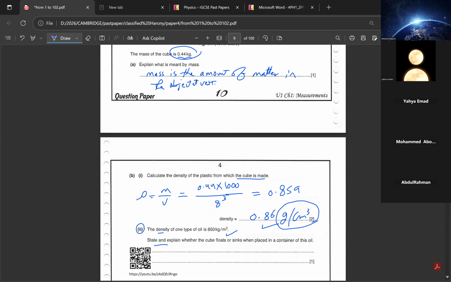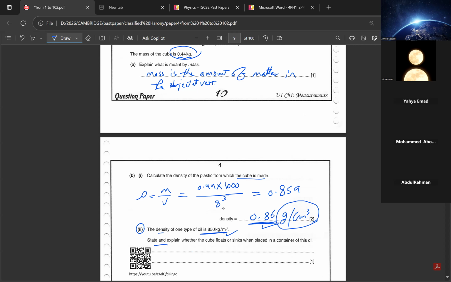So now state and explain. Which one will you convert? This one or this one? I think... take your decision. Convert the oil. Okay, so tell me what is the answer? I do 850 divided... I mean 850 multiply 1000, and then 850 multiply 1000? Yes, to make it gram.